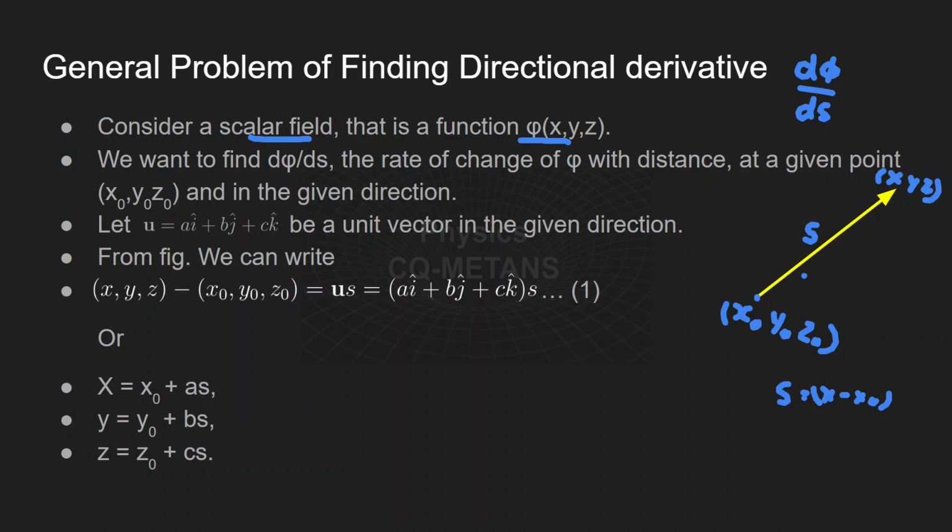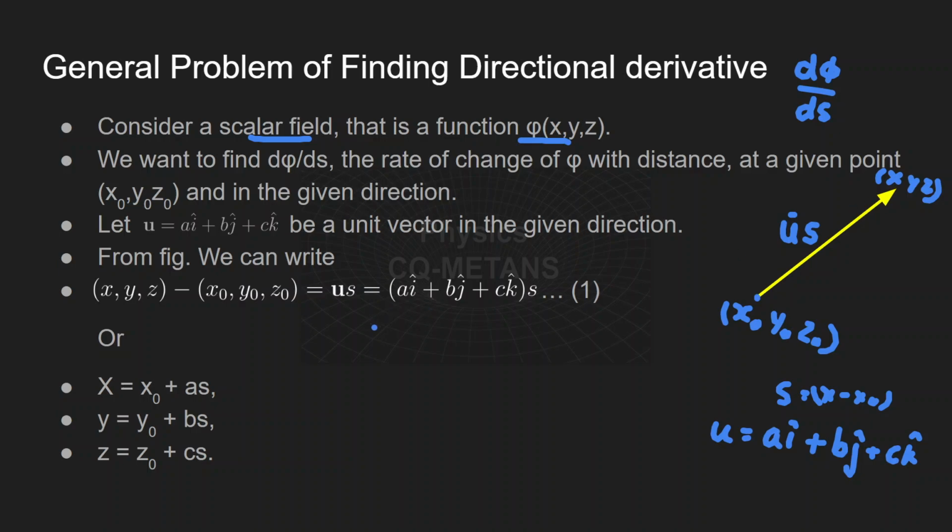But now along this direction there should be a unit vector. So let us call a unit vector u. Now this u, we will write as some scalar times i cap plus some scalar times j cap plus some scalar times k cap, where a, b, c are some scalars in this given direction along this line.